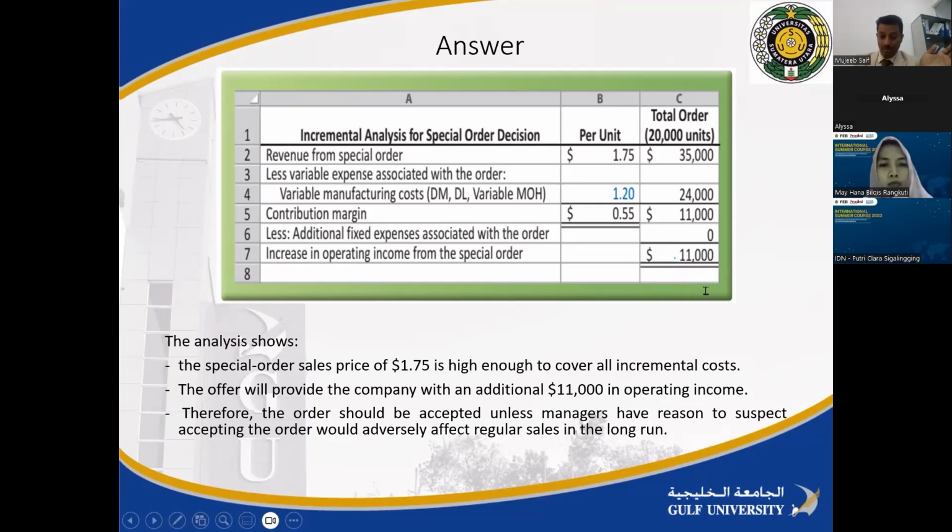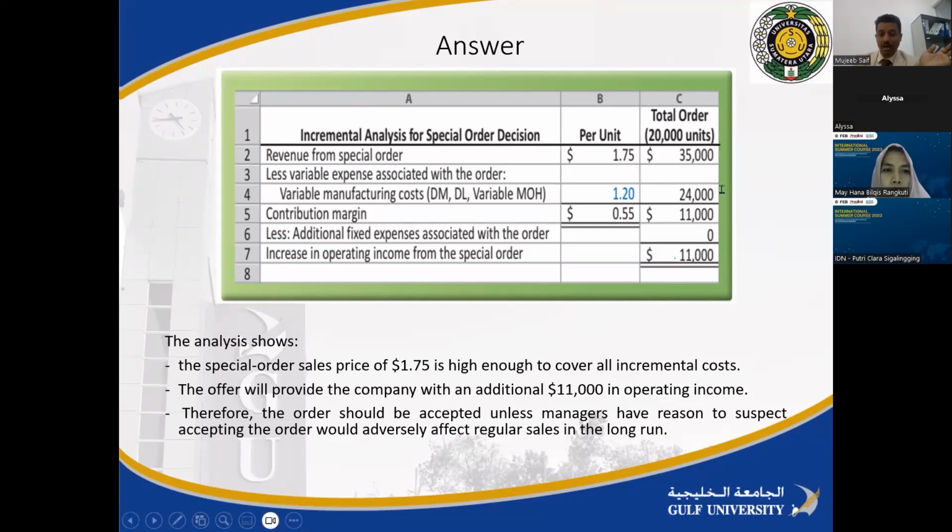Because for this order, yes, the sales price is less than the normal price, but this special order helps us to reduce the fixed cost per filter. Because now we will produce more units, so the fixed cost per unit will be reduced.